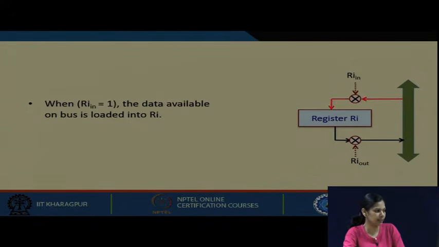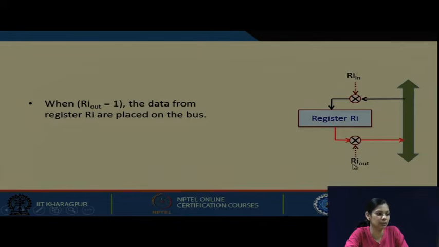Now, when Ri in is 1, that means Ri in is active, the data from the bus will be put into the register. When Ri in equals 1, the data available on the bus is loaded into Ri. Similarly, what happens when Ri out is 1?